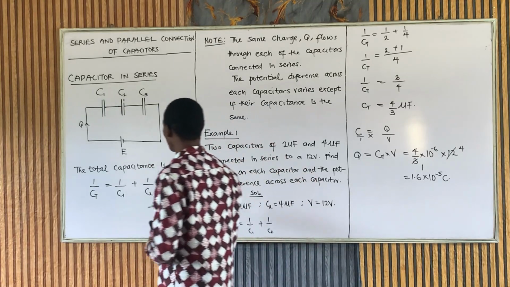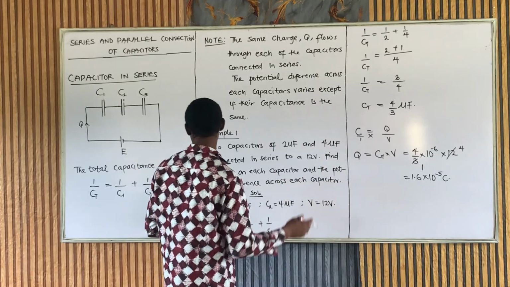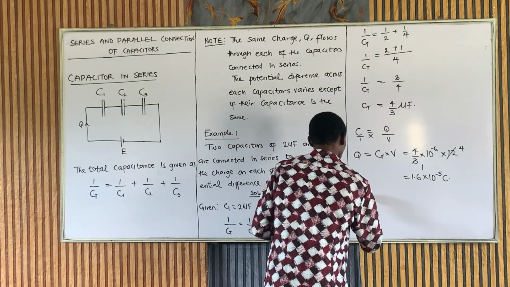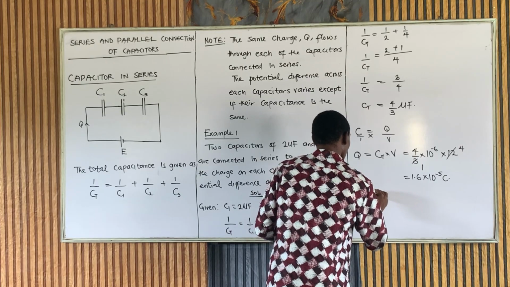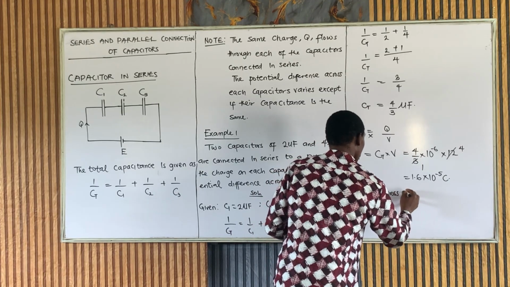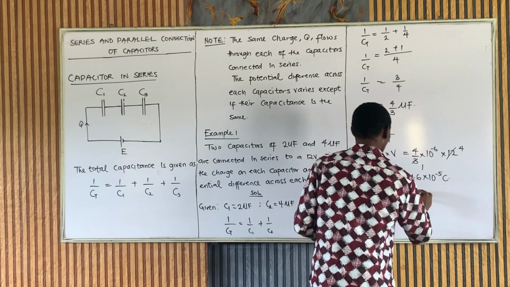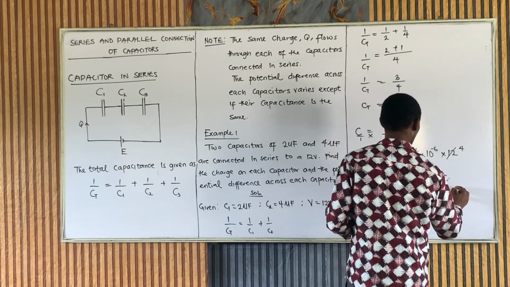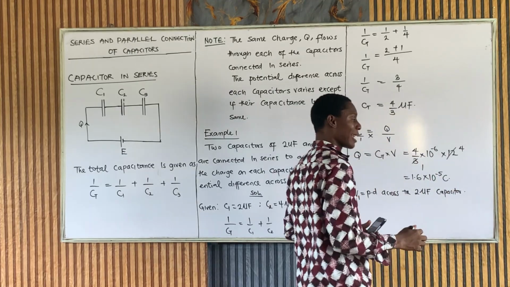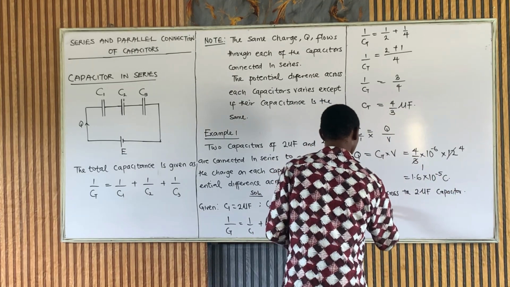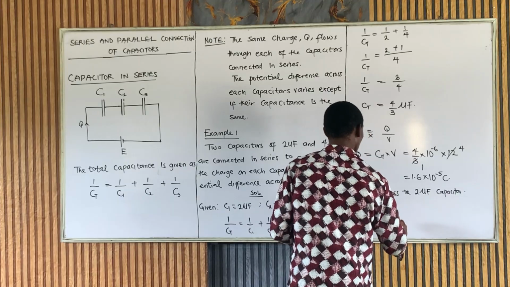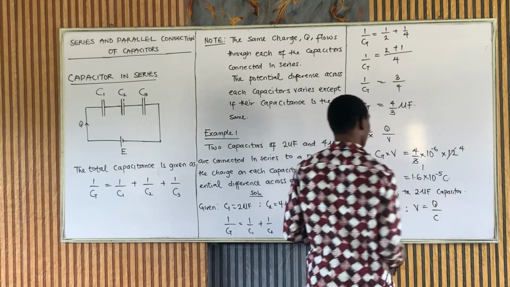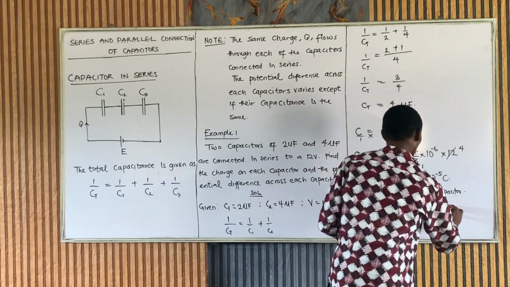So let's get it. Let's say the potential difference across the first one is V1. Potential difference across the second one is V2. How do we get that? Let's say we're looking for V1, which is the PD across the 2 microfarad capacitor. We all know that C is equal to Q over V. Hence, we can say that V is equal to Q over C. So, what is the Q?